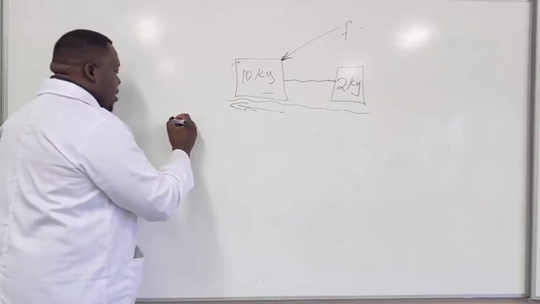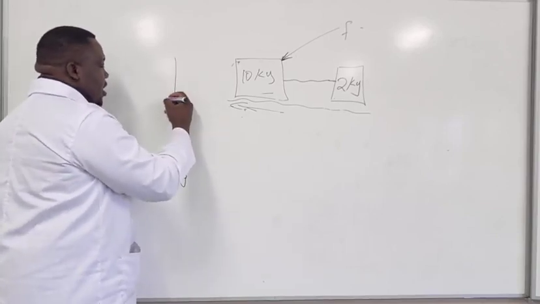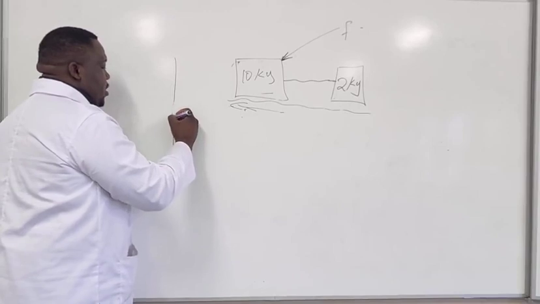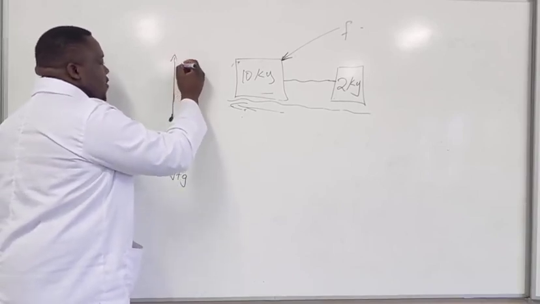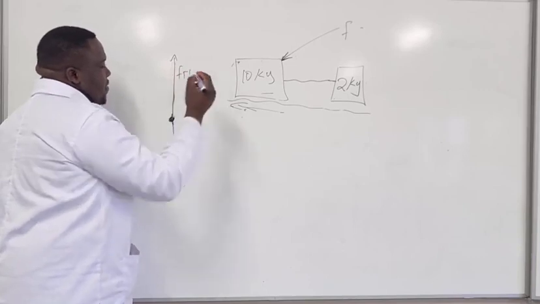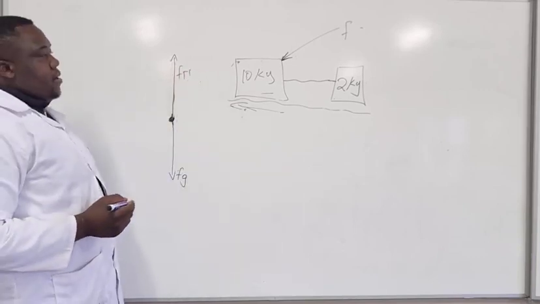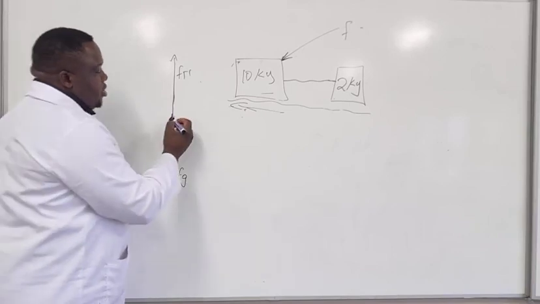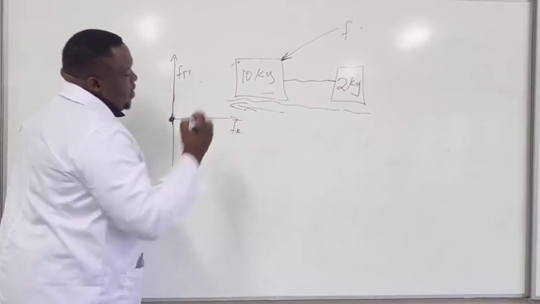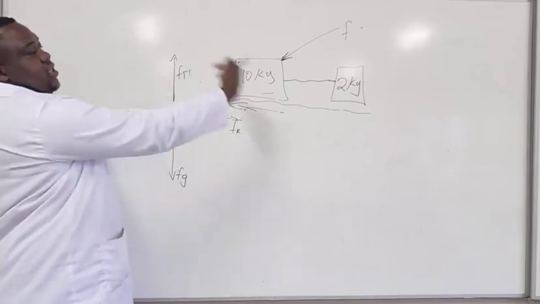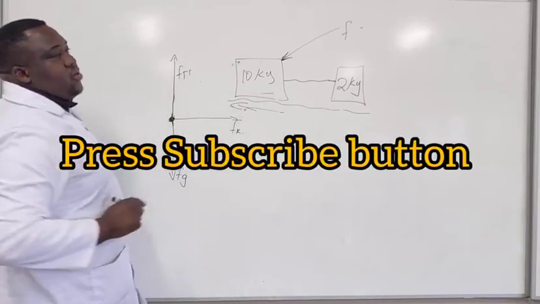Then the normal force is the force that the surface exerts on an object it is in contact with. So the normal force is going to be Fn. And then we are told that there is friction. So it means the friction is opposing the motion, Fk. Because the object is going that side, it means friction is going that side.